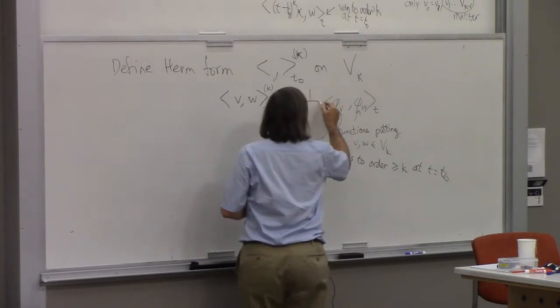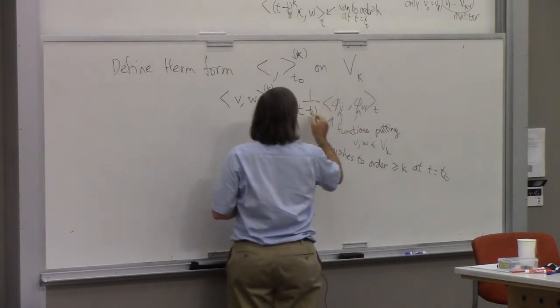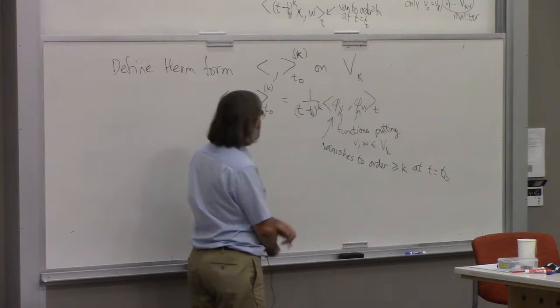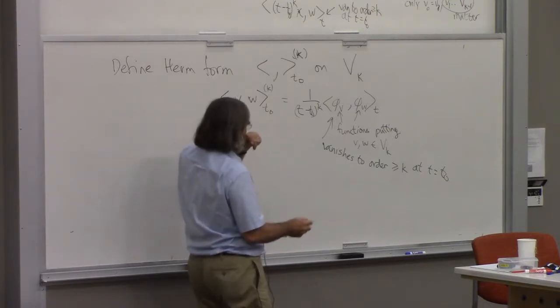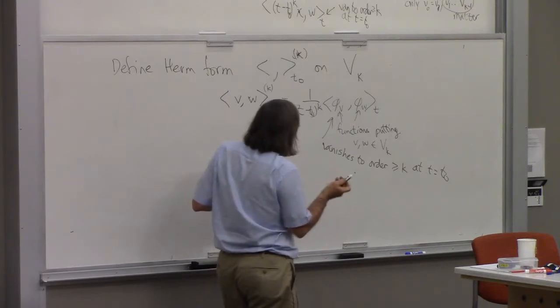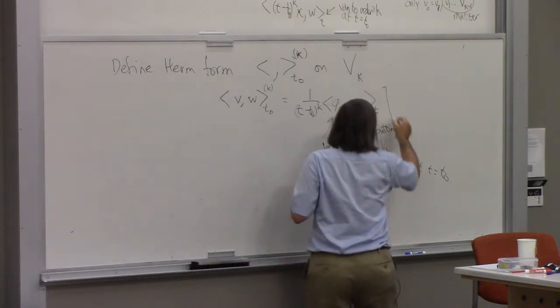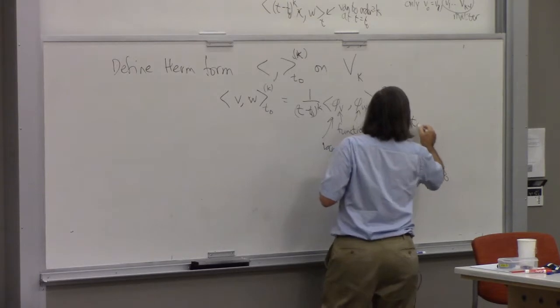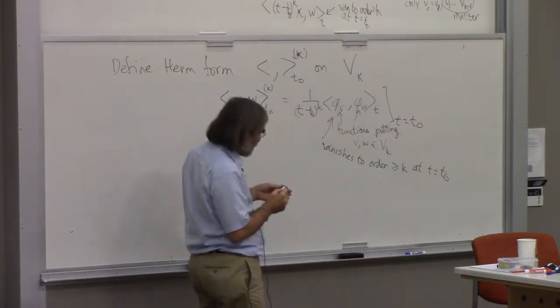So I can divide it by t minus t0 to the k, and then set t equals t0.